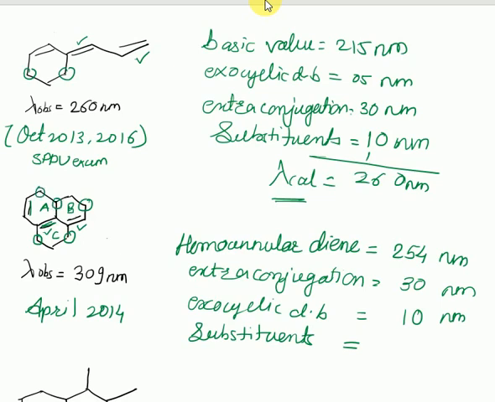Each substituent contributes 5 nanometer, so the contribution by substituents is 25 nanometer. Making the total, 254 plus 30 is 284, plus 10 is 294, plus 25 becomes 319 nanometer. So the lambda calculated is 319 nanometer. The observed value and calculated value may differ by 5 to 6 nanometer, it doesn't matter.